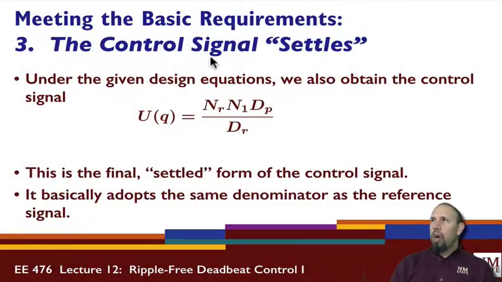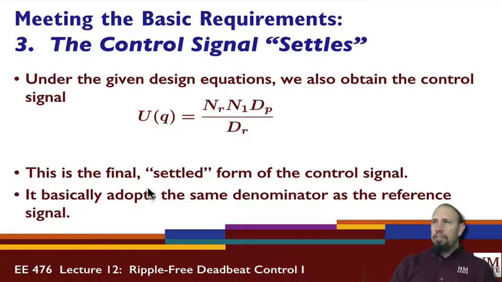The third basic requirement is that the control signal settles. Now, it may not be obvious to you why this needs to be the case, but if we use the given design equations, here's our control signal. Notice that the denominator dr appears as the denominator of our control signal.